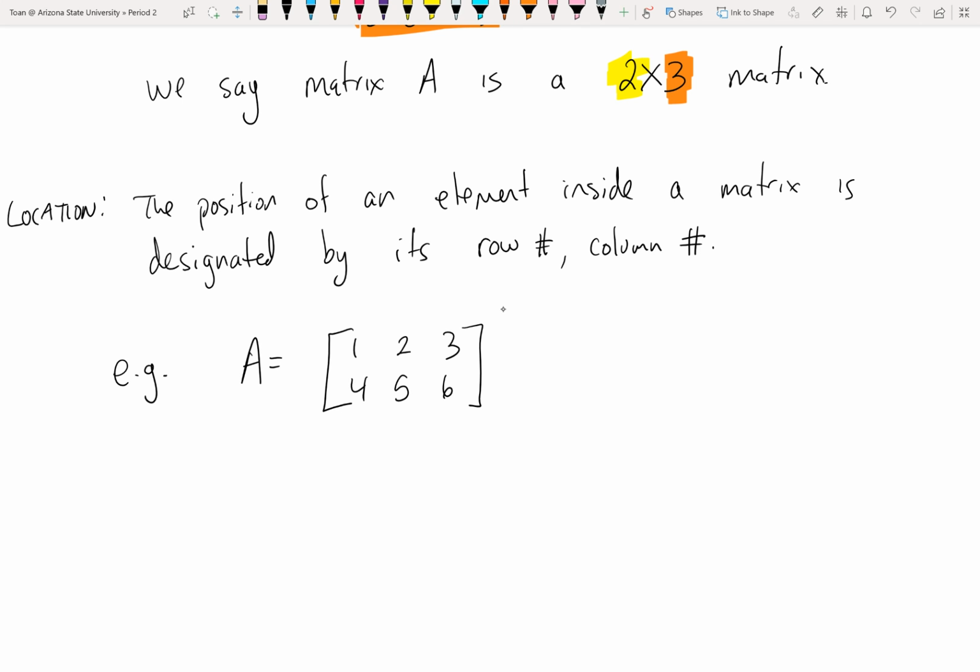Can we agree that number 6 is in the bottom row and the last column? This number 6 here? He's in the bottom row, last column, or if I were to use numbers, he's in the second row and third column. We see that the element 6 is in row 2, column 3.